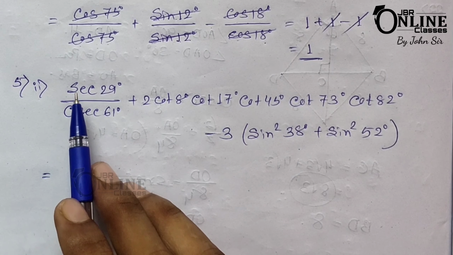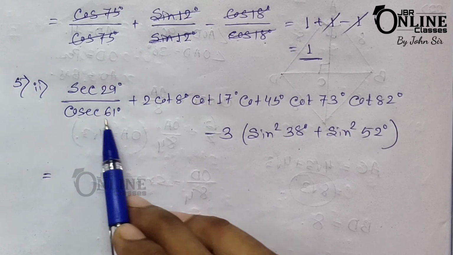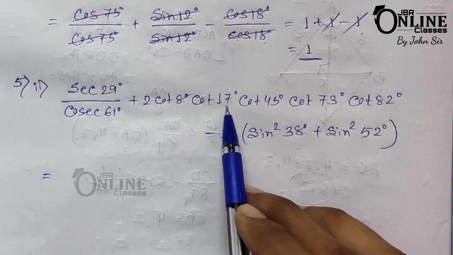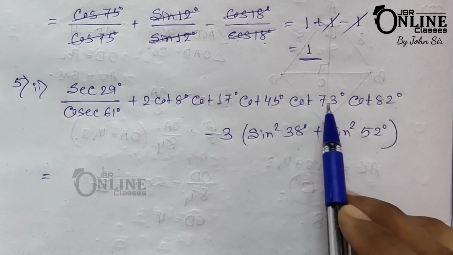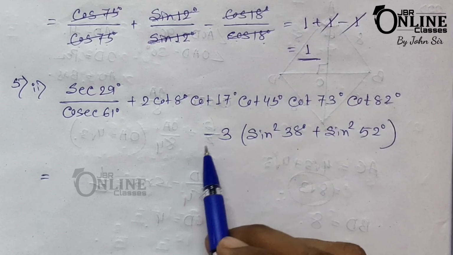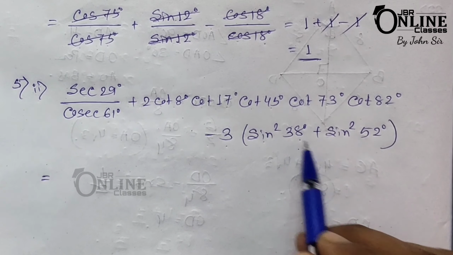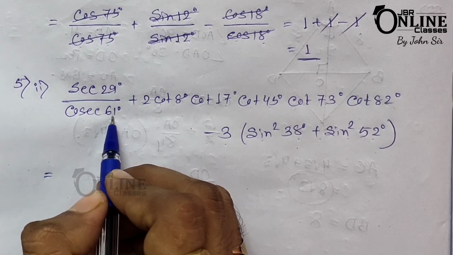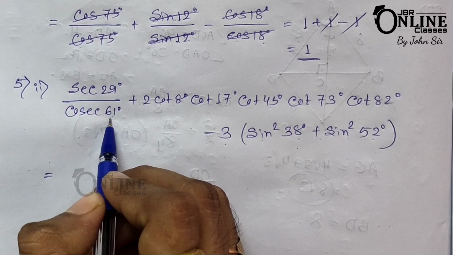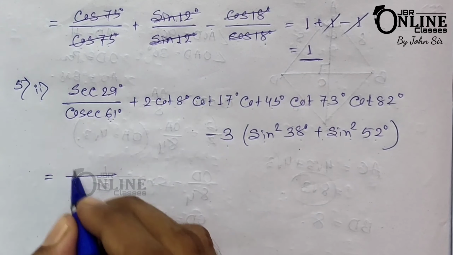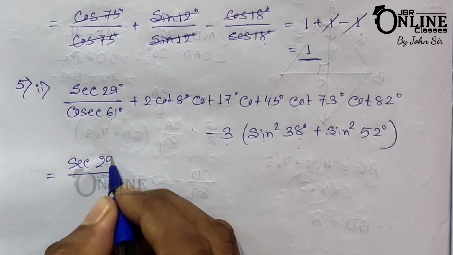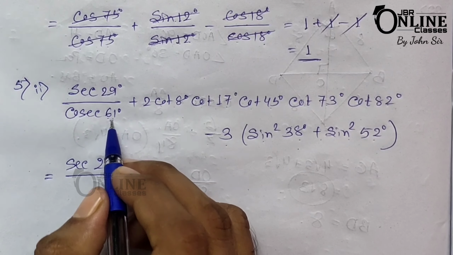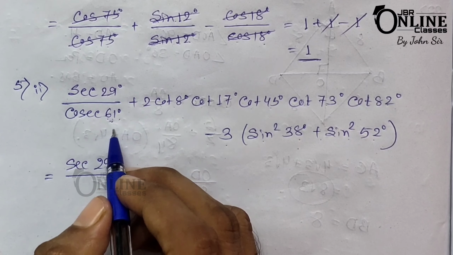In sum number 5, 2: sec 29 degree by cosec 61 plus 2 cot 8 degree, cot 17 degree, cot 45, cot 73, cot 82 minus 3 (sin square 38 plus sin square 52). Now here 29 and 61, if you add these two, you will get 90 degree. That means the upper one is sec 29 degree, and for the lower one, instead of 61 you can use 90 degree minus 29.